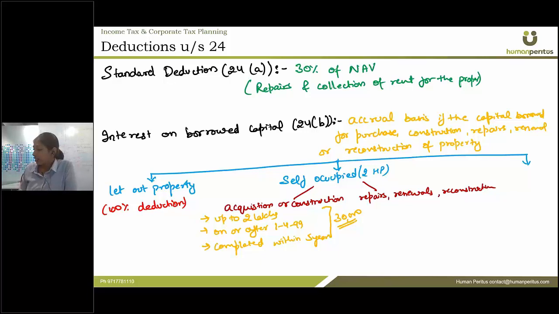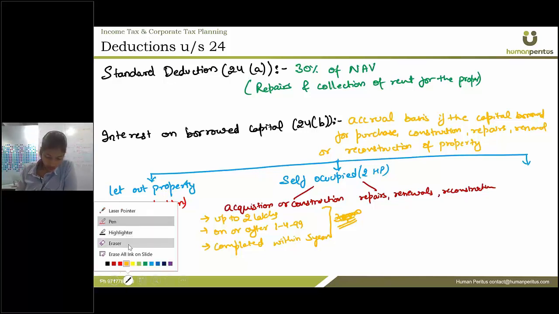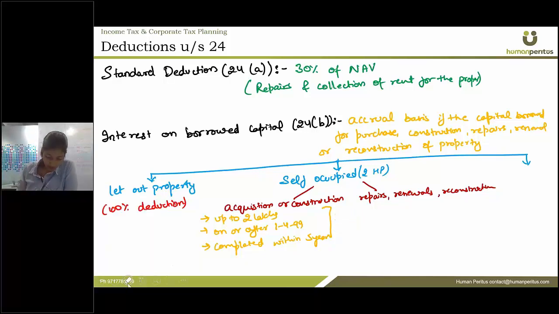Alright. And in the case, if the loan was taken for repairs, reconstruction, if the capital was borrowed on or after 1 April 1999 and the acquisition was completed within 5 years, then he can claim the deduction up to rupees 2 lakh on the interest, not 30,000.